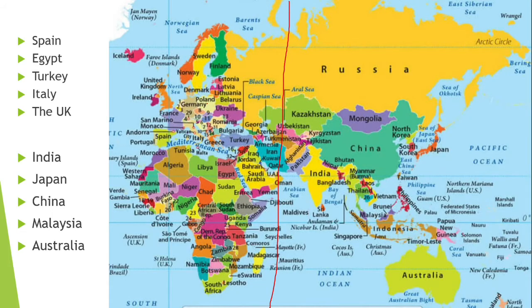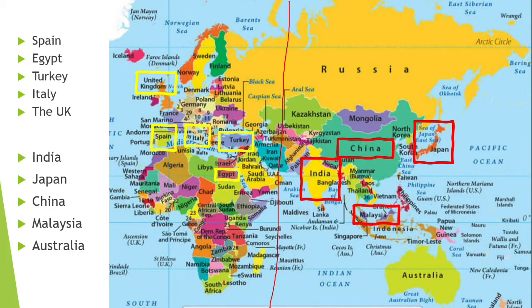Followed by, for the European side and UAE, we have 5 countries, which is Spain, Egypt, Turkey, Italy, the UK. And on the Asian continent, we have India, Japan, China, Malaysia, and the last one in the Australian continent, we have Australia. Good. Now this is what we call the countries, negara-negara.